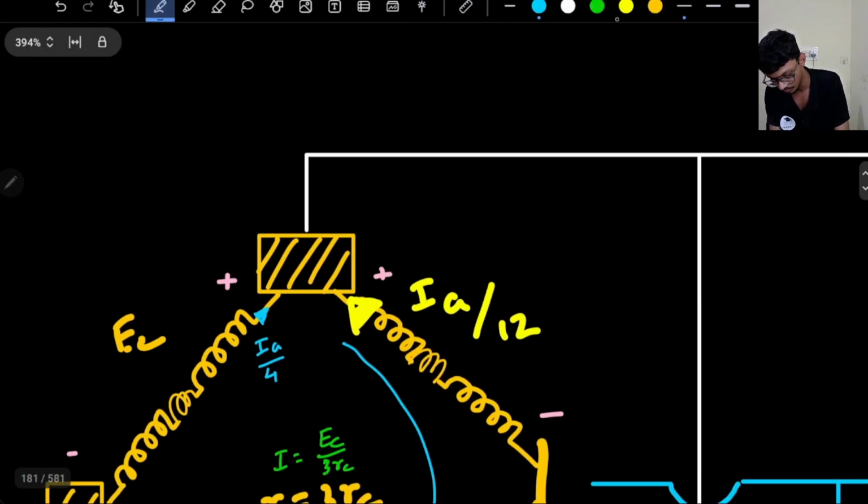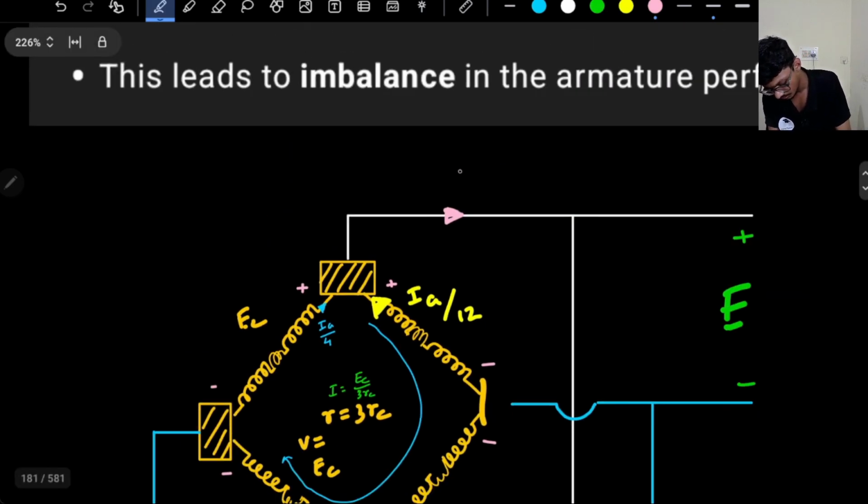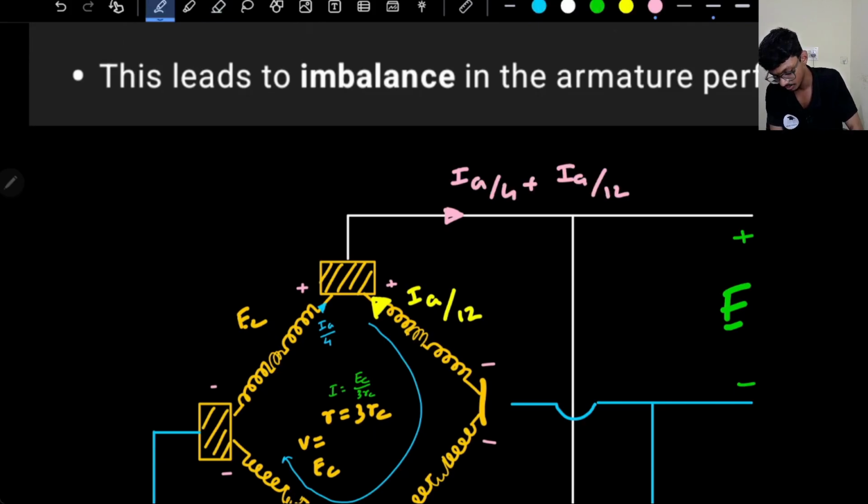So how much current flows from here? IA by 4 plus IA by 12, which is 3 Ia by 12 plus Ia by 4. So Ia by 3 current will flow from here.